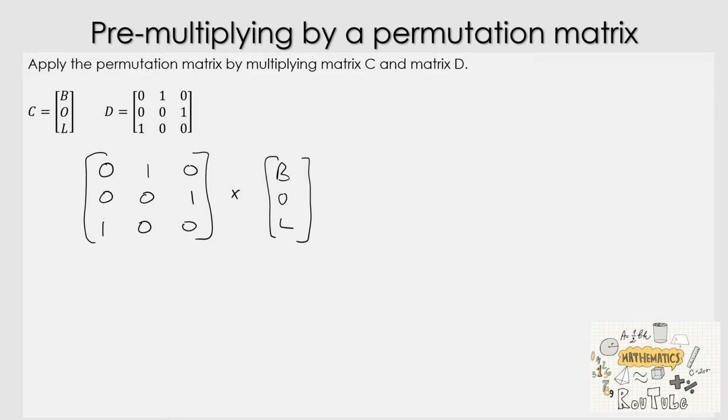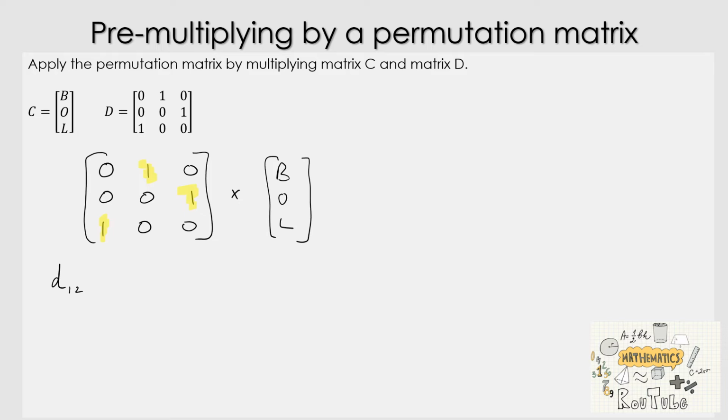What we need to do is, it's all about the ones. I'm just going to highlight the ones in the permutation matrix. The ones are the important ones in this concept. In terms of the position of those ones, the first one is in position row 1, column 2.